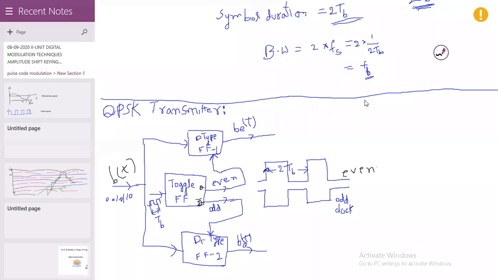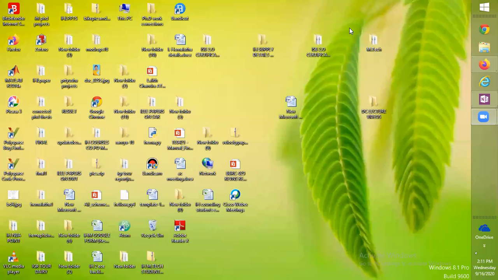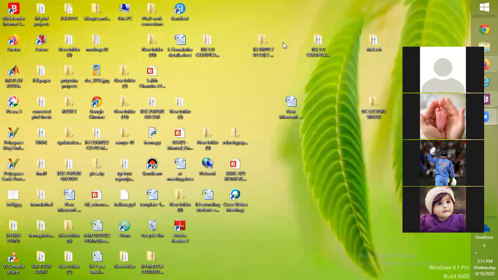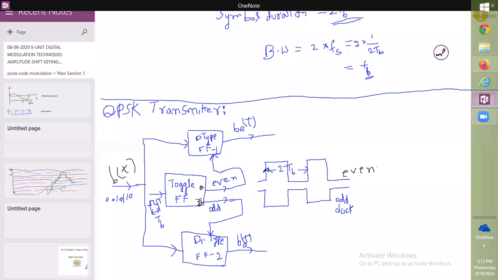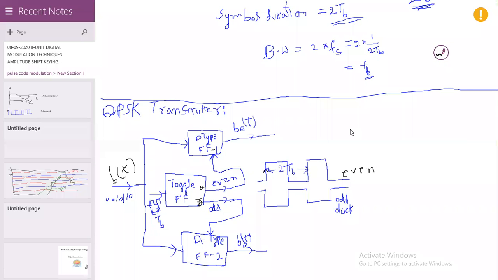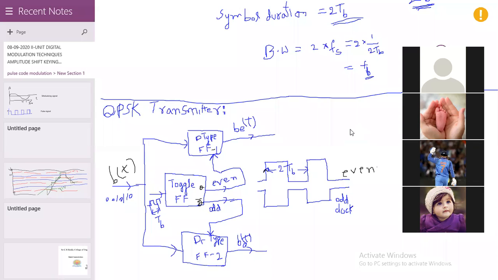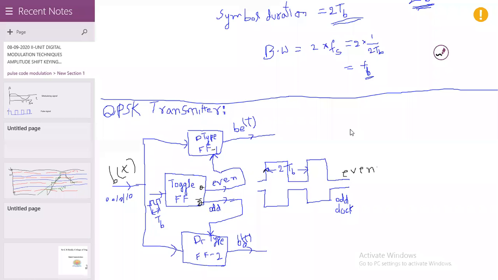Here, the D-type flip-flop is activated during the positive going edge until it is disabled. For the first TB, this is activated, and whatever the input data is, it is available at the output.